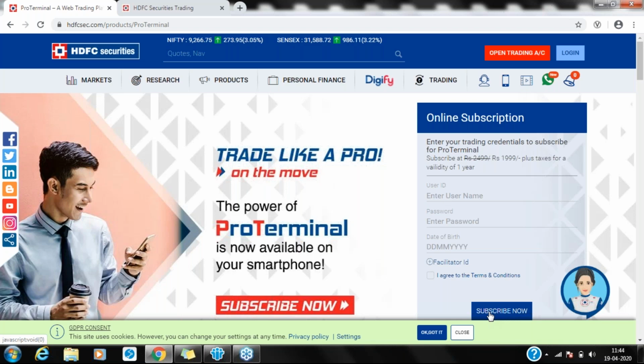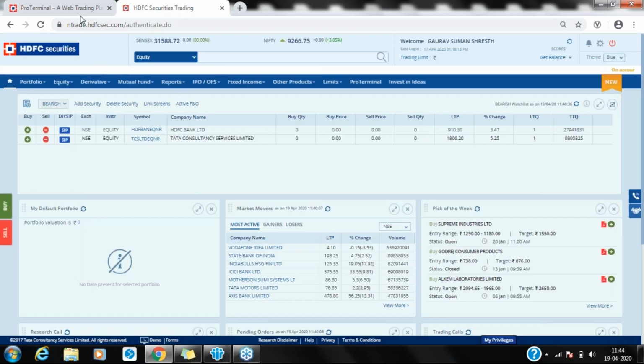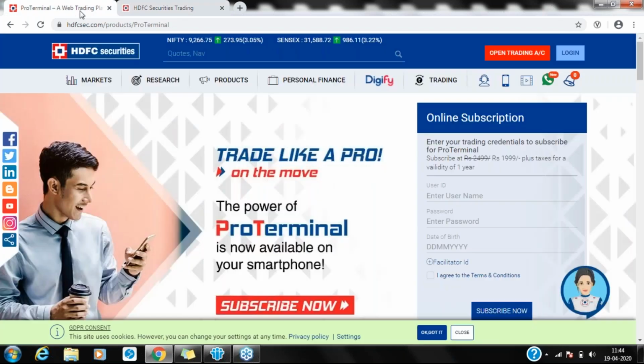Pro Terminal will activate, and only then you will be able to use the Pro Terminal features. So all the details of Pro Terminal are given over here, and also you can contact your relationship manager in case you want more detail of Pro Terminal. So this is how you get an online subscription for your Pro Terminal.